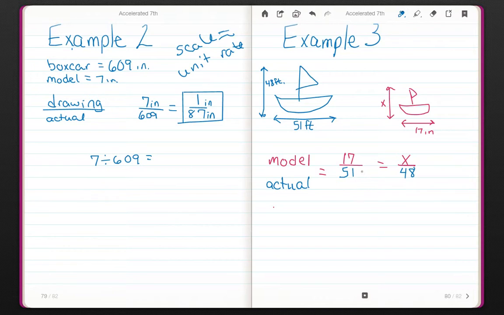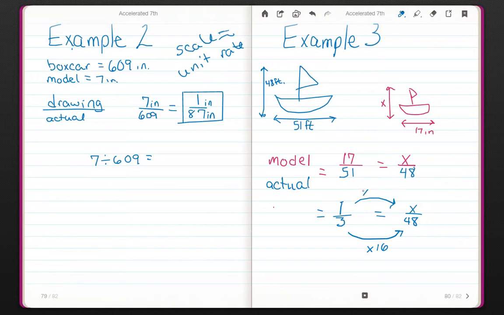So I have two options. I can use cross products, 17 times 48, 51x, and divide. Or I can simplify and use mental math, which is what I'm going to do here. So 17 51sts is the same as 1/3. 3 to 48, I'll multiply by 16.